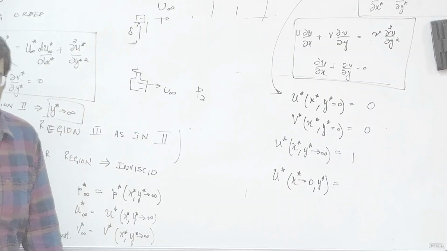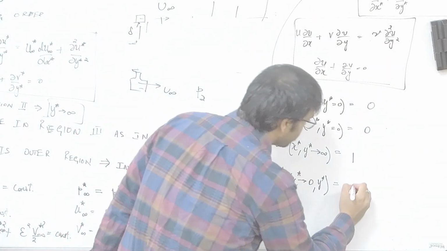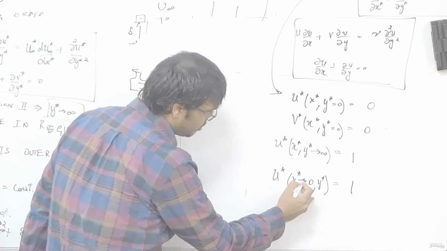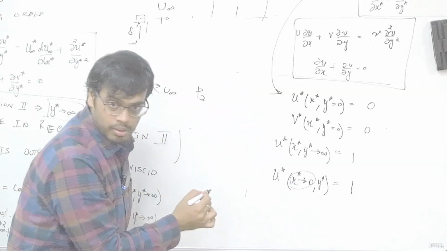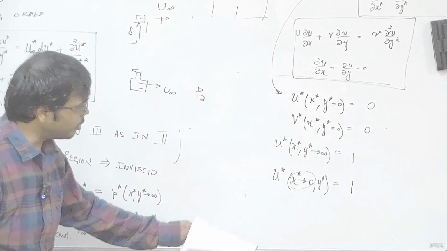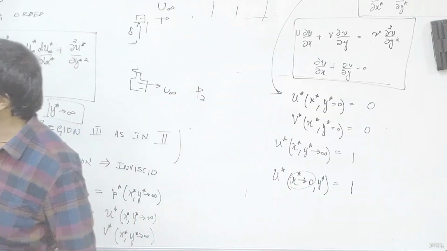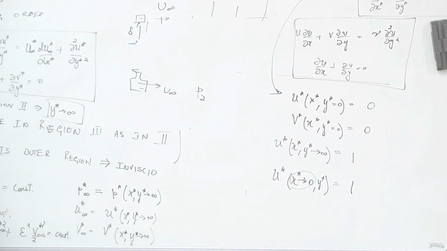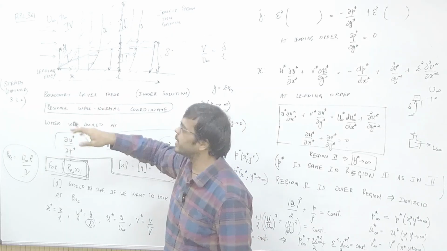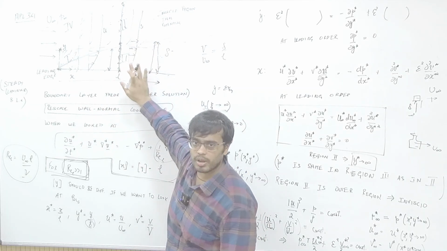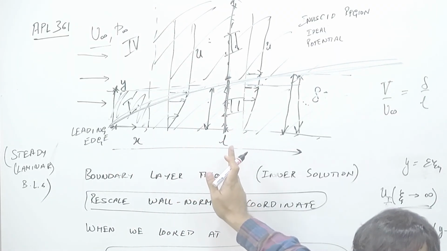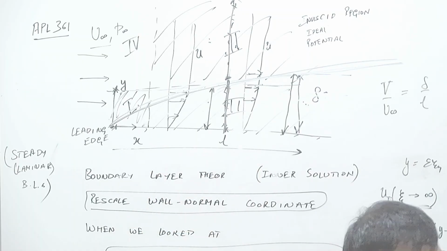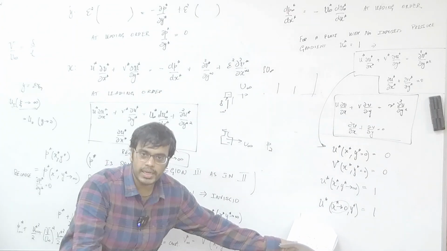1. Okay. Now this is a very subtle but important point. I have not put x star equals 0, because this region 3, if you think in terms of this asymptotic matching, is the inner region in y, but it is the outer region in x. So you cannot put an x star equals 0 boundary condition here.